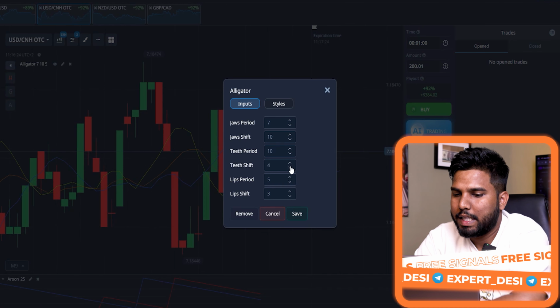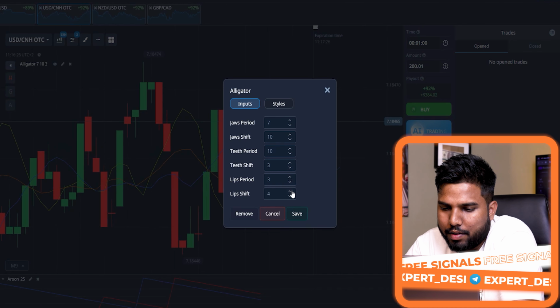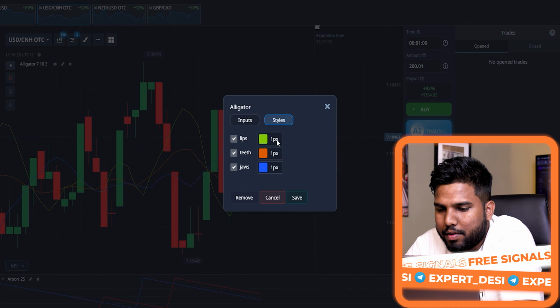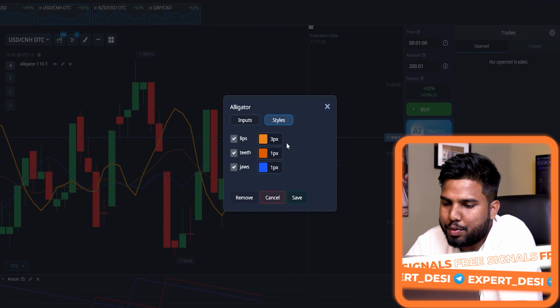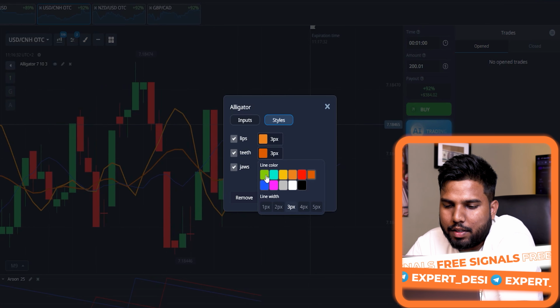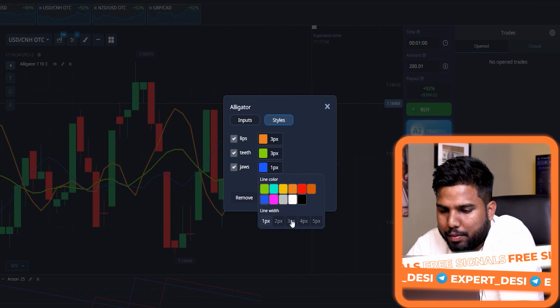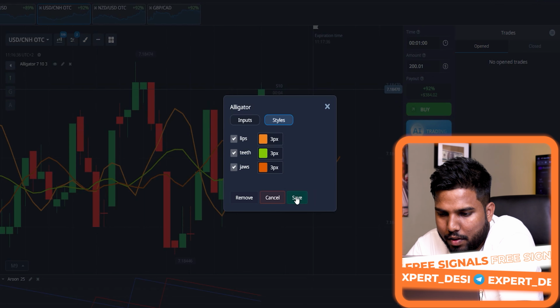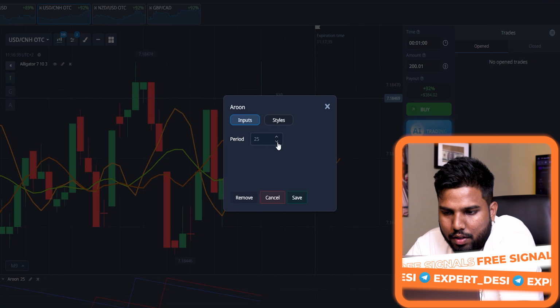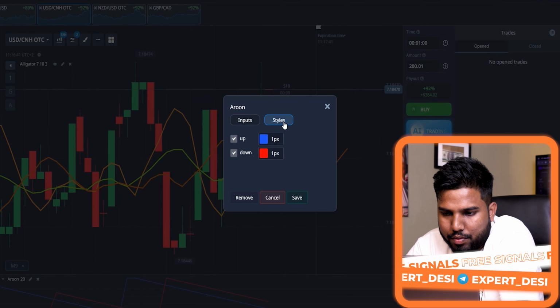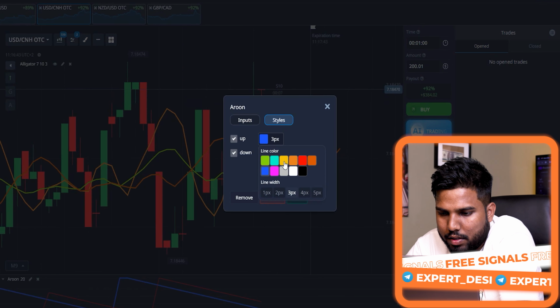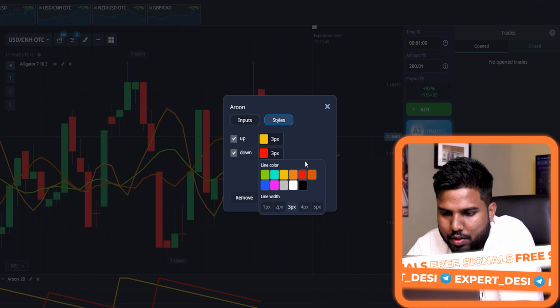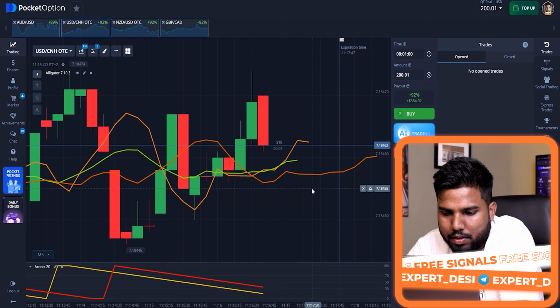I'm taking these settings, which you can see on the screen. You can choose the default ones or the ones I'm choosing. Both of them work. It's not going to be a problem. Let's change some colors. Haroon, change period to 20, up to yellow and red.